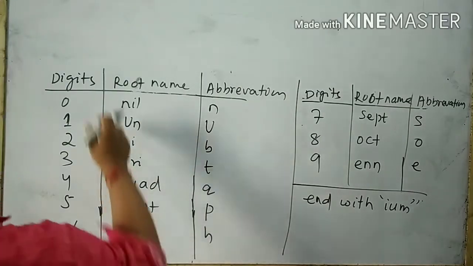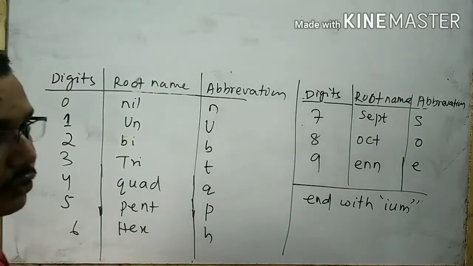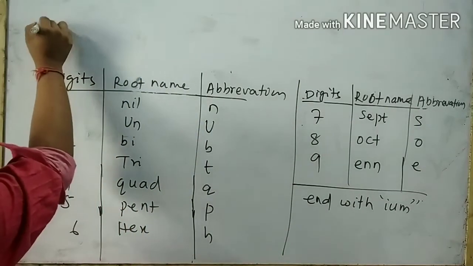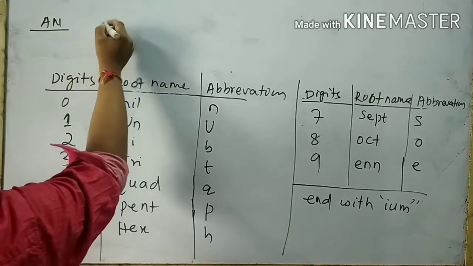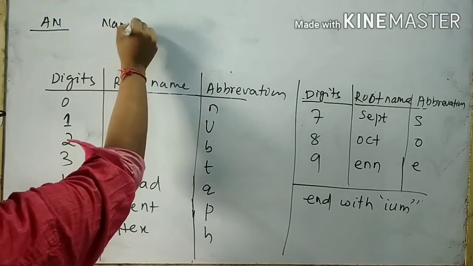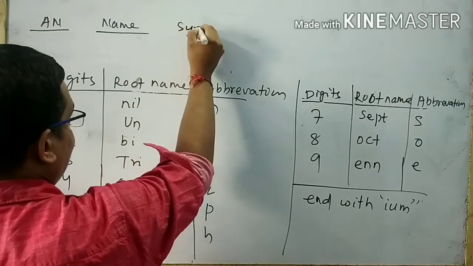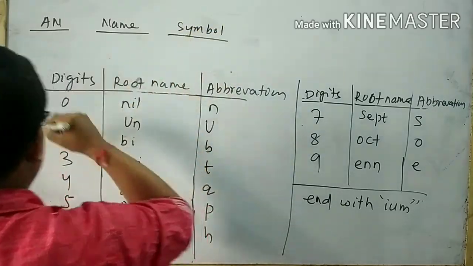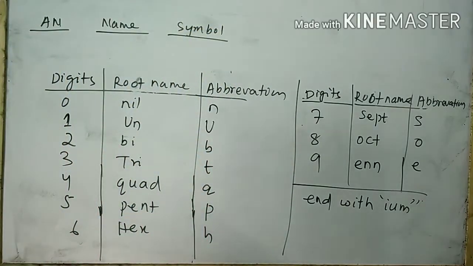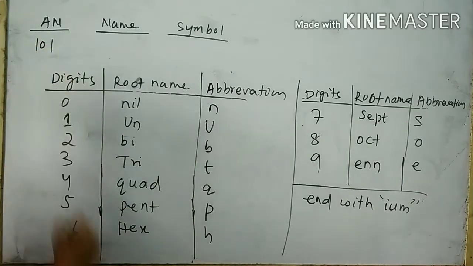Now I will write the name of the elements which have more than 100 atomic number. At first I will write the atomic number, then the name, next your symbol. Suppose I take the atomic number 101.